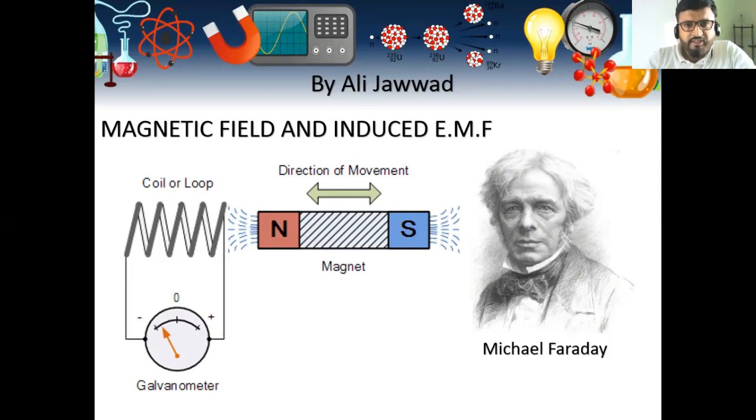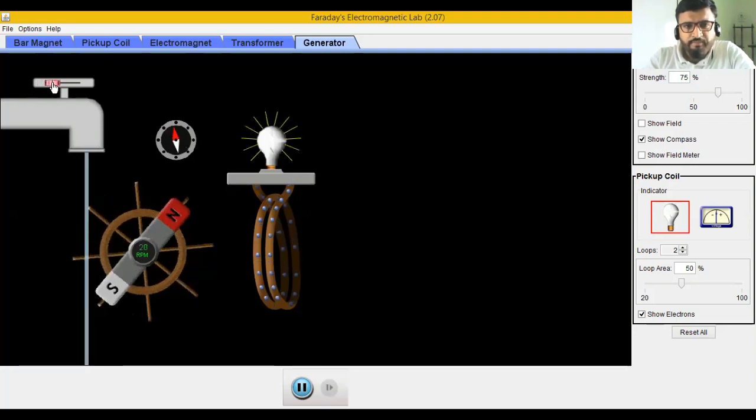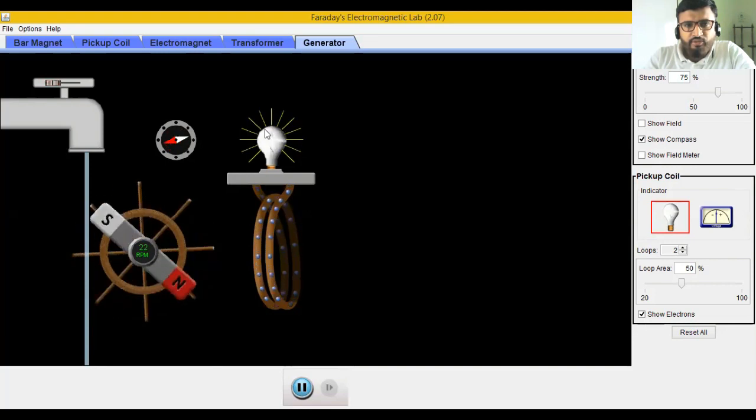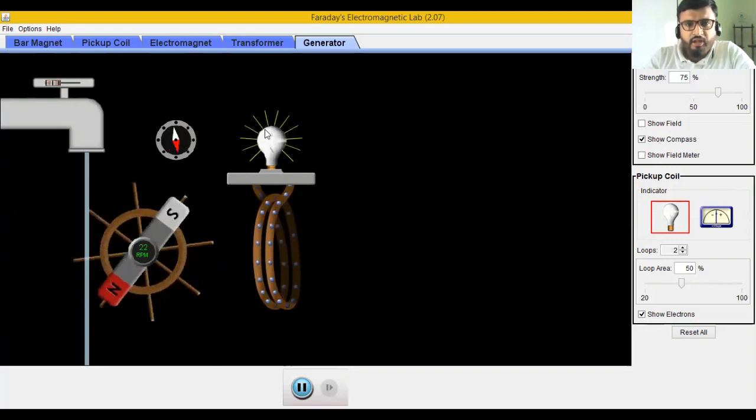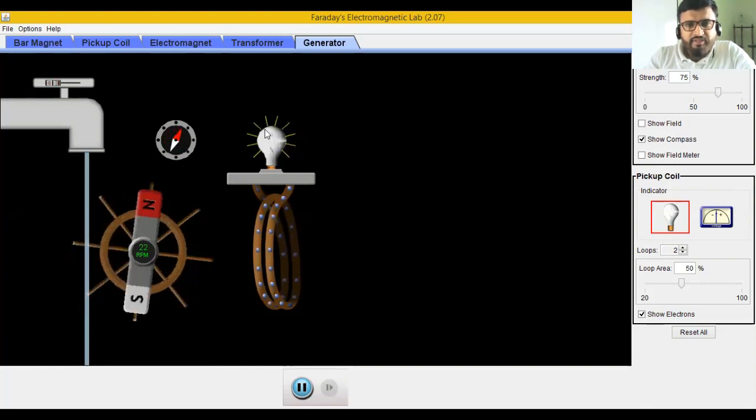So in an AC generator, the magnet or the coil is rotated with the help of fuel. And the fuel causes the rotation of either the magnet or the coil, which changes the magnetic field.